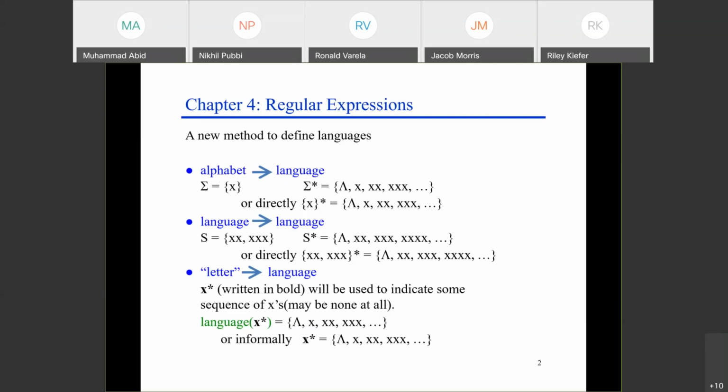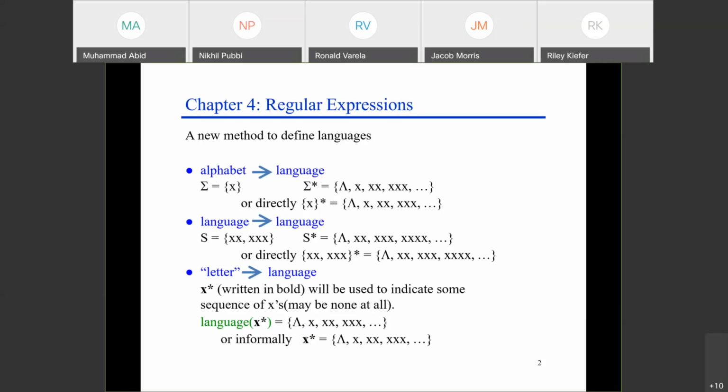We have a template that we always follow. First we define the base case, which should be concrete; it should not include any variable. Then we define the rules that generate the next words from the base case. And then rule number three: there is no rule other than rule one and rule two.